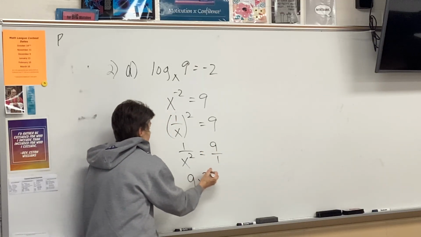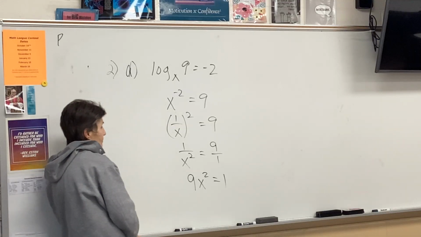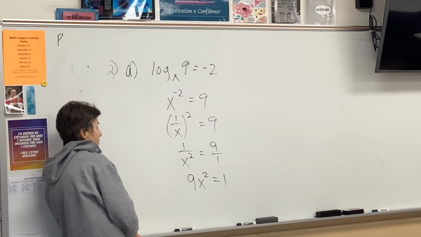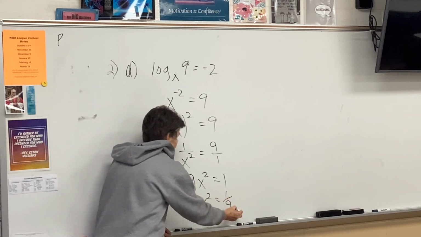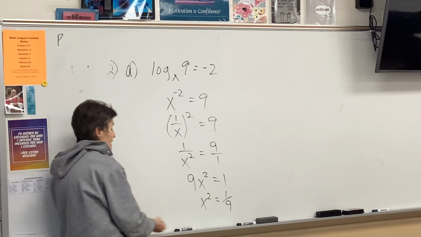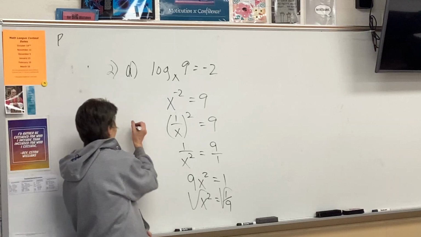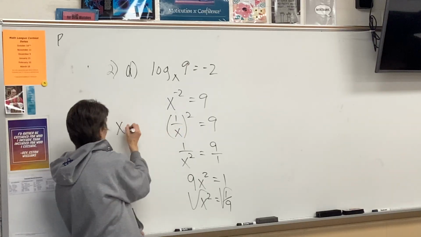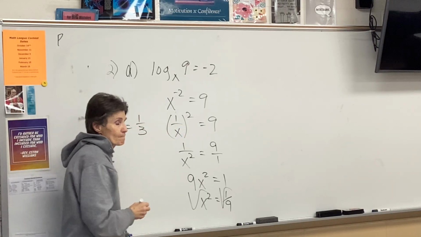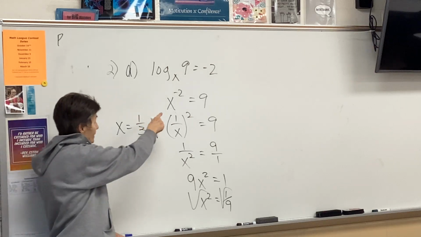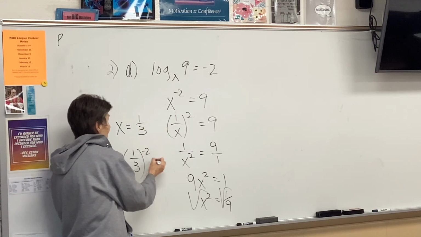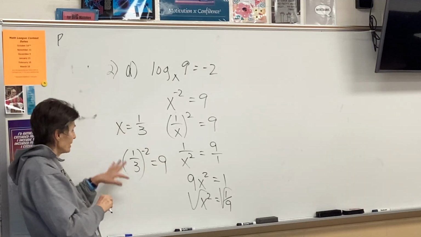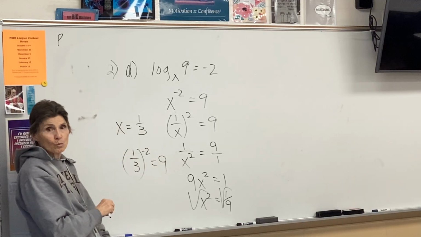So if I cross multiply and divide and square root, x equals 1/3. Because 1/3 to the negative second is 9, because it flips over and gets squared.